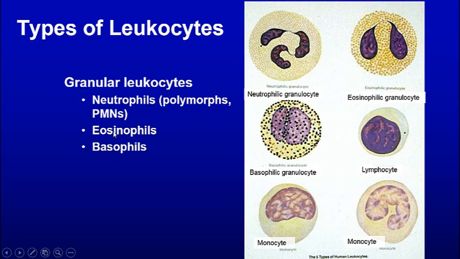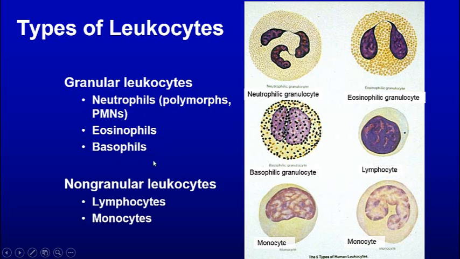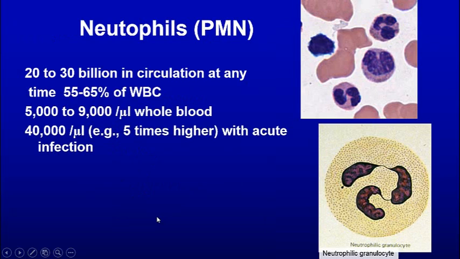Now there's two types of leukocytes. There's granulocytes, which are neutrophil, eosinophil, and basophils, and then there's non-granulocytes, which are lymphocytes and monocytes, as we mentioned before. 20 to 30 billion in circulation at any one time, and white blood cells, 55 to 60% of the cells, and there's a good amount of these.